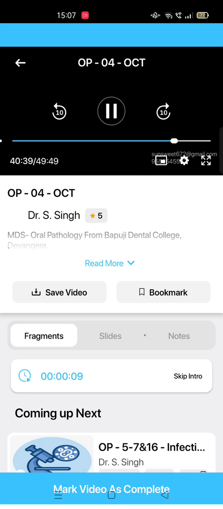If the lining is proliferating into the lumen, then it is called the intraluminal type. And if it is proliferating into the connective tissue, this is the connective tissue capsule, this is the lumen, okay, then it is called the mural type of unicystic ameloblastoma. So three types of unicystic ameloblastoma: luminal, intraluminal, mural.